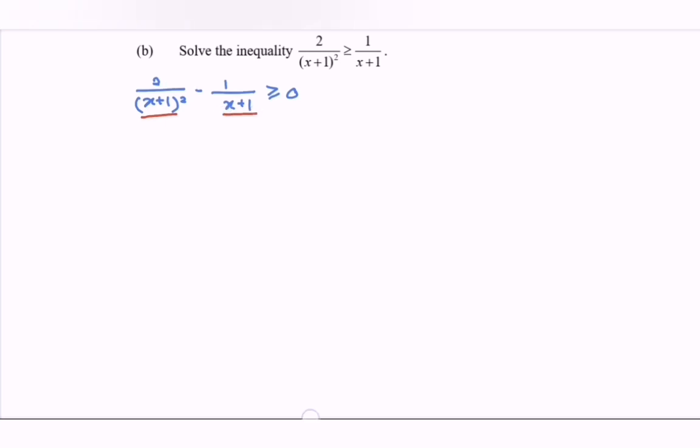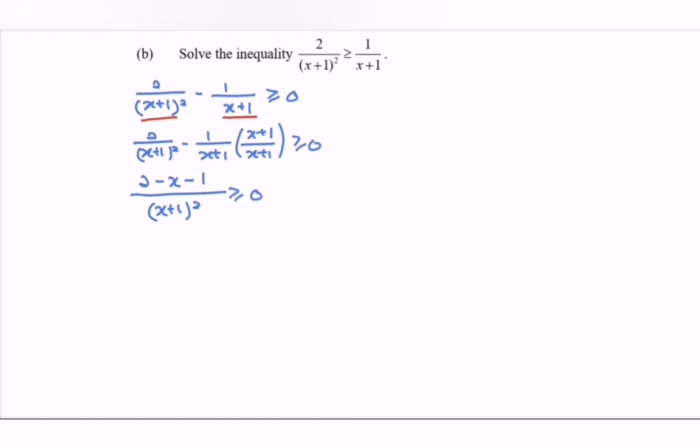So what we have to do is multiply 1 over x plus 1 with x plus 1. Then we will have 2 minus x minus 1 over (x plus 1) bracket squared greater than or equal to 0.